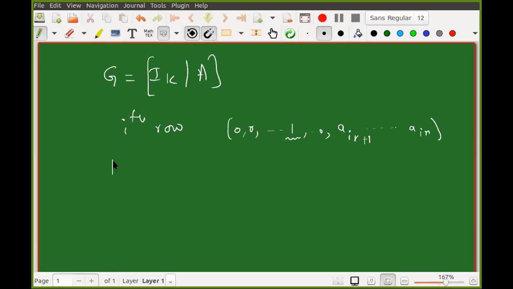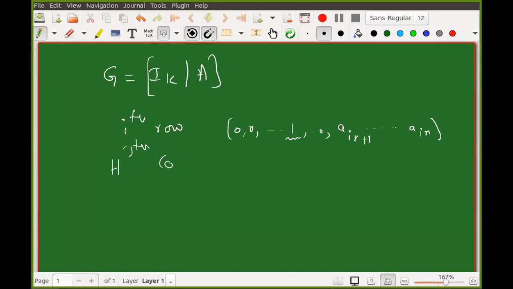So what is the jth column? Look at that matrix, multiply, and check how the jth column looks. Let me unshare and I can write it there itself.